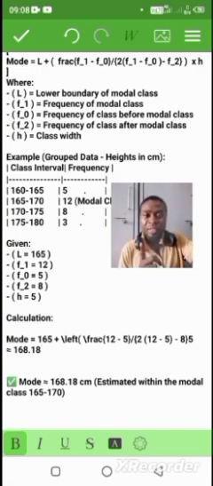The first frequency F1 is 12, and the frequency of the class before the modal class is 5.